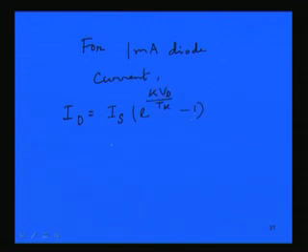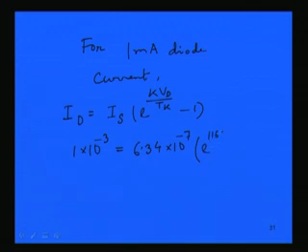But now what is given is that I_D is 1 milliampere, so 1 into 10 to the power minus 3, bringing it to ampere scale. And the reverse saturation current is not changing, so the I_S we have just found, 6.34 into 10 to the power minus 7, will be the same.